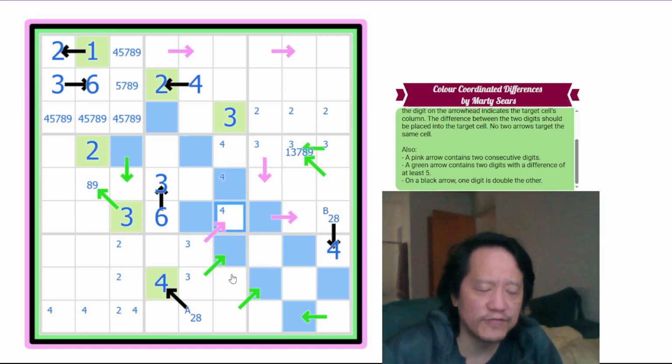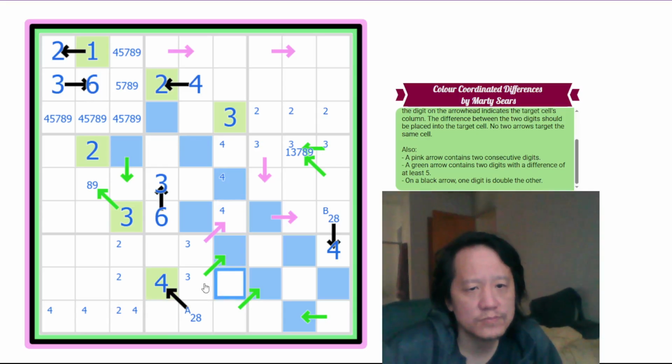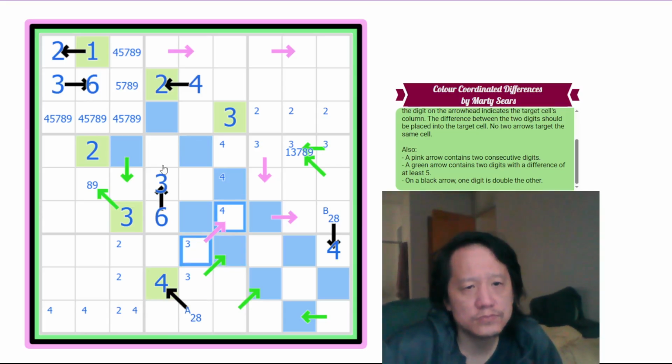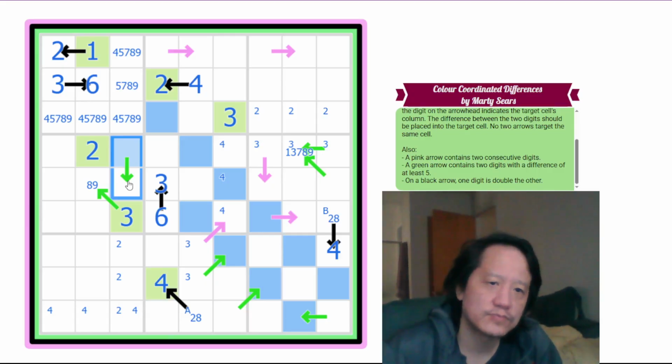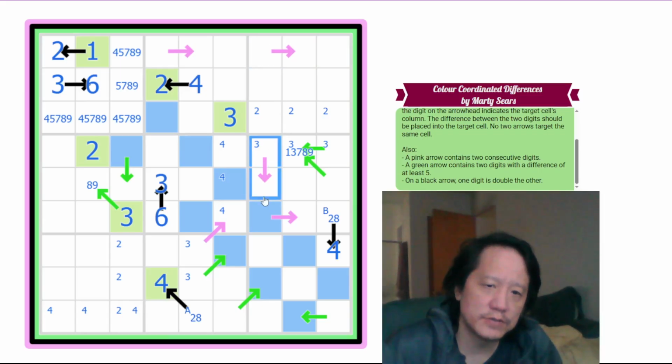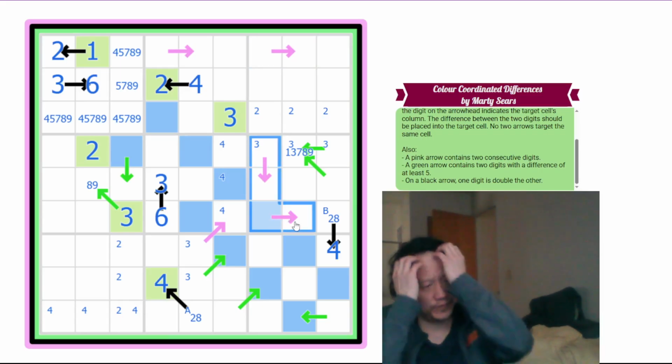This could be 3, 4 here. One of these has to be 1 or 4. We're not sure which. These are in the same row. These are in the same column.